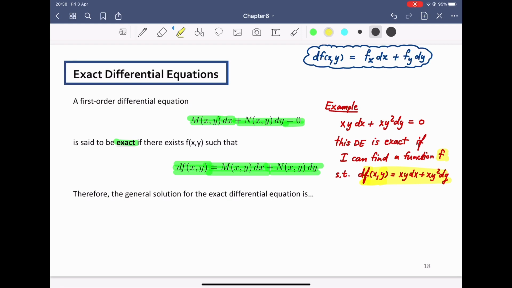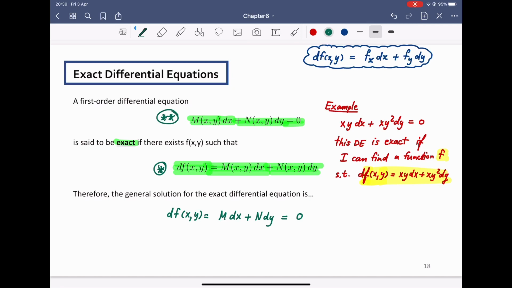Now, let's take a look at the last sentence of this slide. What is good about an exact differential equation? If I know that my differential equation is exact, then I am going to have df(x,y) equal to M dx plus N dy, because this is from the equation that I started with, and M dx plus N dy is equal to 0 because of the equation that I marked with the double star here.